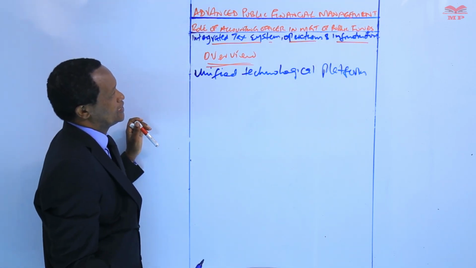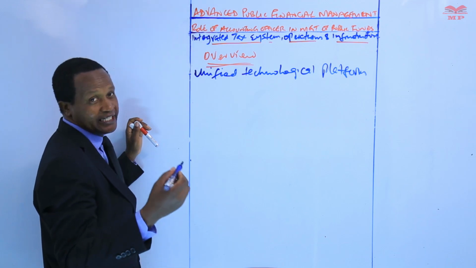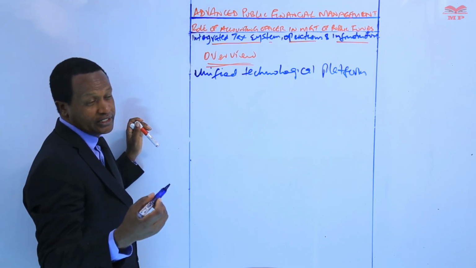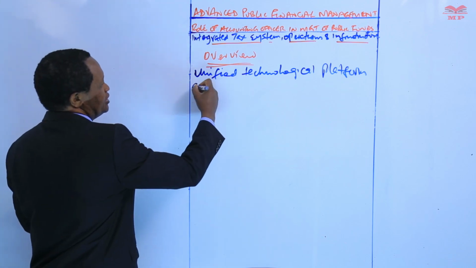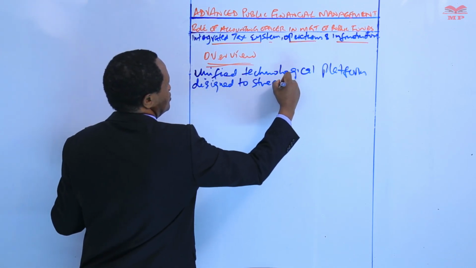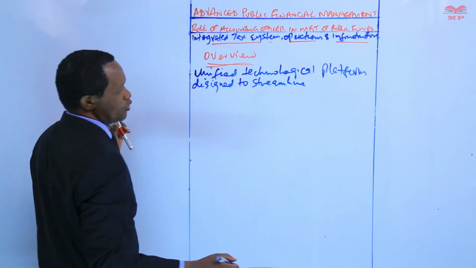So, integrated tax system, ITS, is a unified technological platform. It is designed to do what?